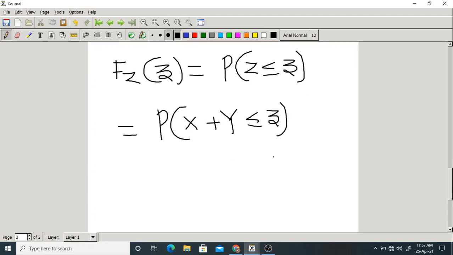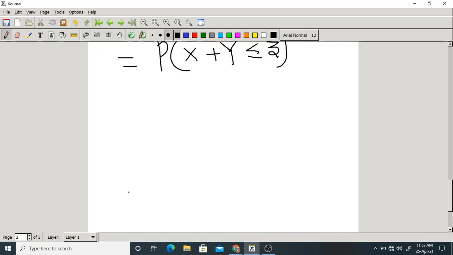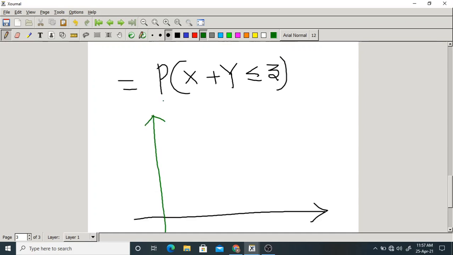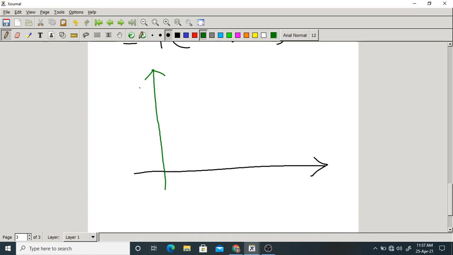Since it is a two-dimensional sample space, we should go for a two-dimensional diagram. First of all, what is x plus y equal to z? It is a straight line. Let me draw it here: the line x plus y equal to z.